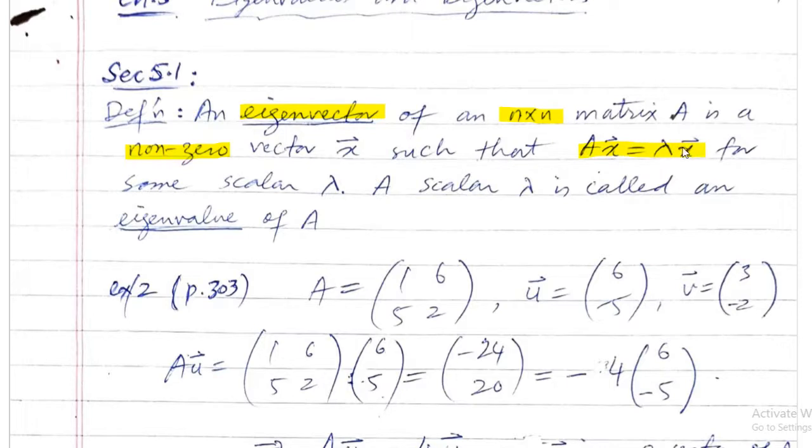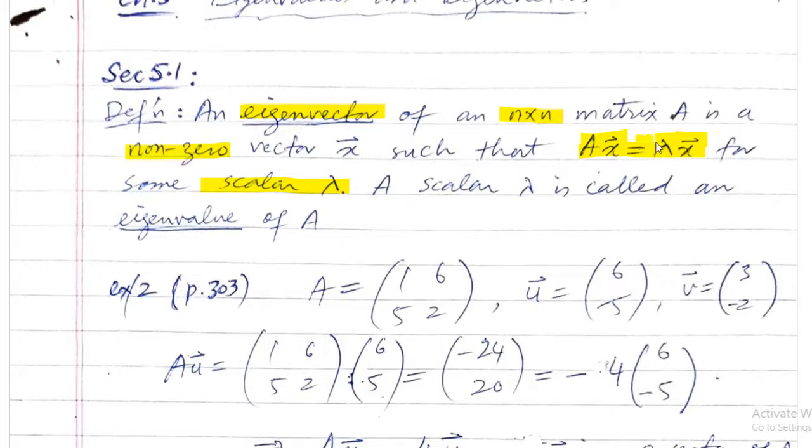You see, it's a very strange property that you are multiplying a matrix with a vector and it comes out to be a constant times a vector. Lambda is a constant, for some scalar lambda. A scalar is a constant quantity, right? It's a number. So if you multiply a matrix on the left, it becomes a number on the right.